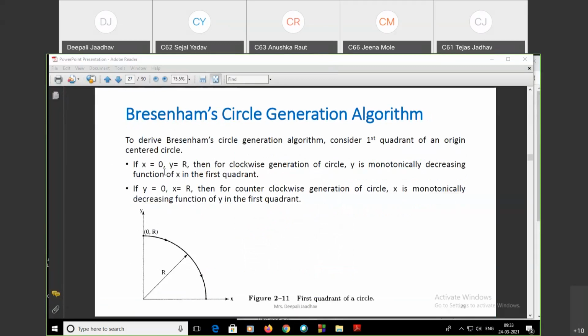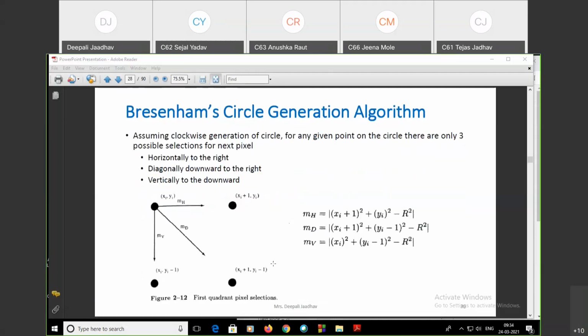So if x is equal to 0 and y is equal to r, it starts from here to here, it's a clockwise generation. And if y is equal to 0 and x is equal to r, then it is an anti-clockwise generation of the circle in the first quadrant. The algorithm for that we need, see, for example, this is our point x and y.